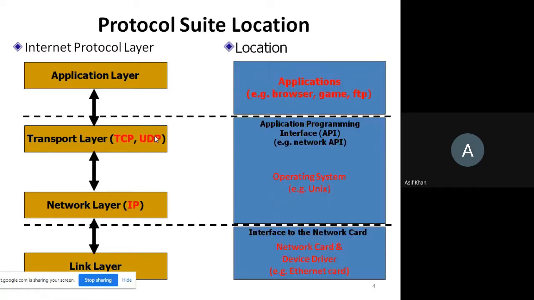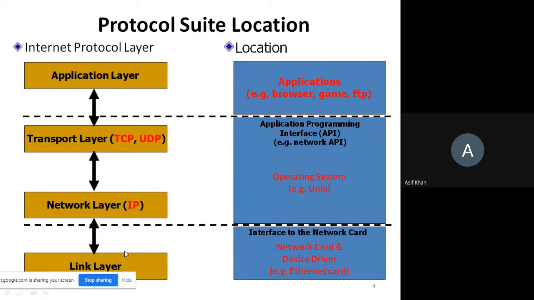In this diagram, in the application layer, the applications are there that the users are writing. Examples of applications are browser, game, FTP; all these are application layer processes. Below the application layer, we have other layers, transport layer and network layer, and all these layers have protocols.